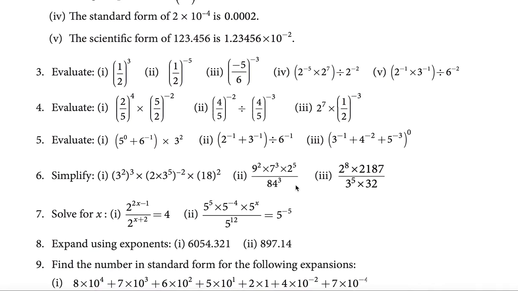So 3, 4, 5 you can evaluate. Simplify 6 also. Solve for x: 2 power 2x minus 1 by 2 power x plus 2. That means 2 power x plus 3 equal to square. So x is minus 1.